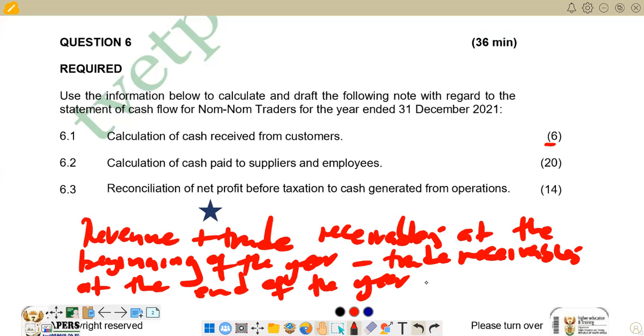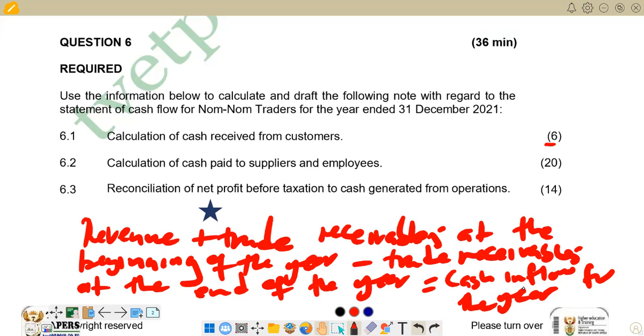If we do this, then we find the cash received from customers, which is the cash inflow for the year. Remember, this is the statement of cash flow, and we record the actual movement of cash in and out of the business.